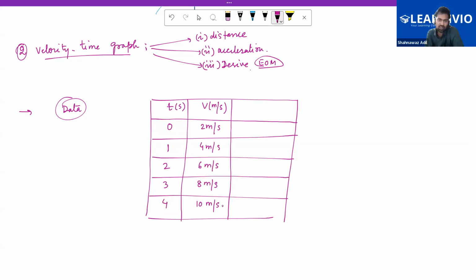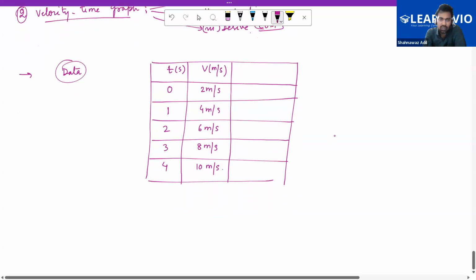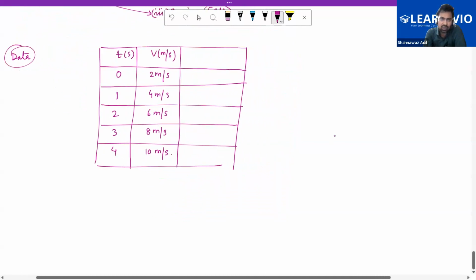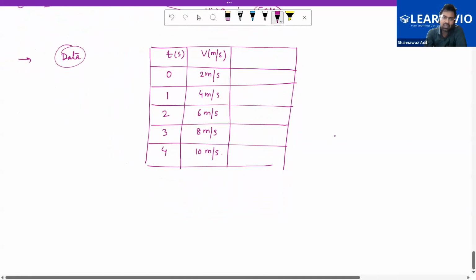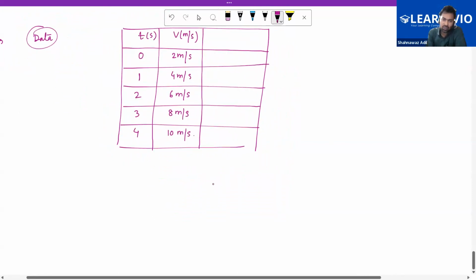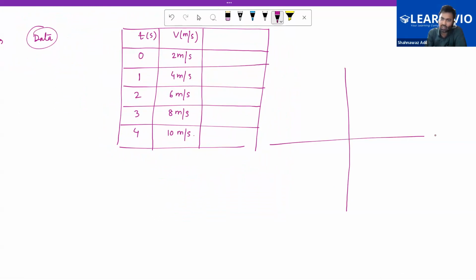Now we are not talking about uniform motion, so can you tell what kind of motion this is? Let us draw the graph and then we will understand. I will draw it directly.